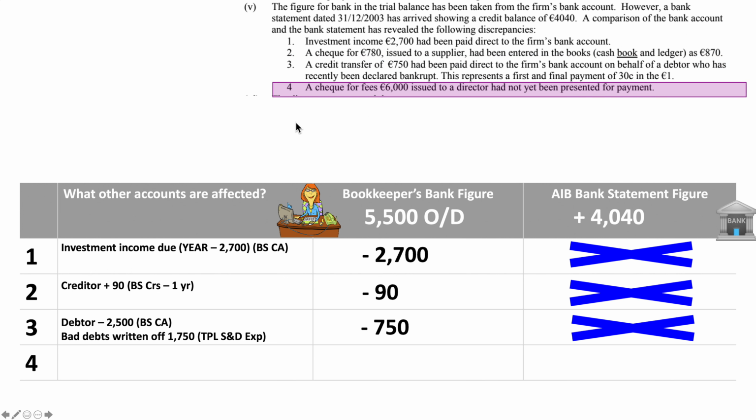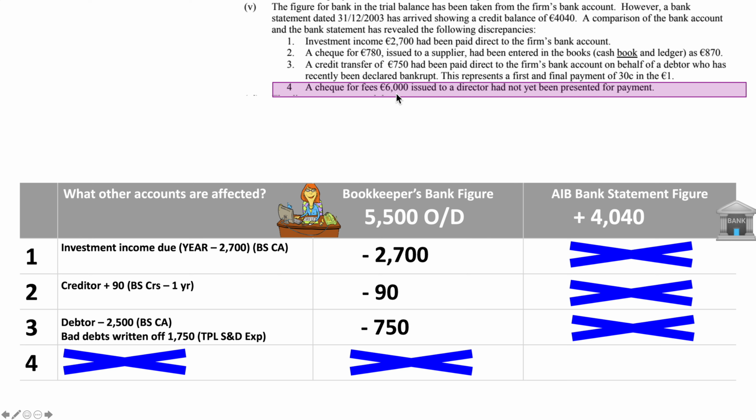Number 4 then, a cheque for fees, €6,000 issued to a director had not yet been presented for payment. So again, the bank don't know about this. The bookkeeper knows about this because they issued the cheque to the director for €6,000. It doesn't say that they haven't entered it in their account, so we can cross all that off. We've nothing to do there.